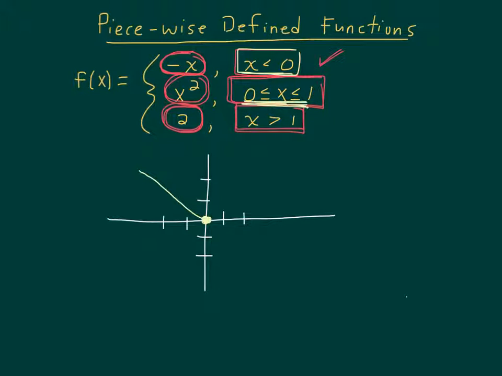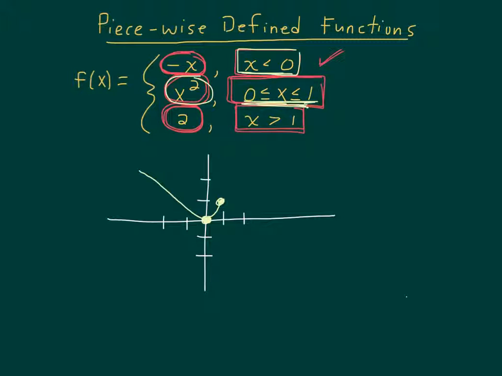Let's go to the end where 1 is. If we plug 1 into our piece here of x squared, 1 squared of course is 1. So now between these 2 points I need to just draw a little portion of what x squared would look like. So I have a closed circle there.